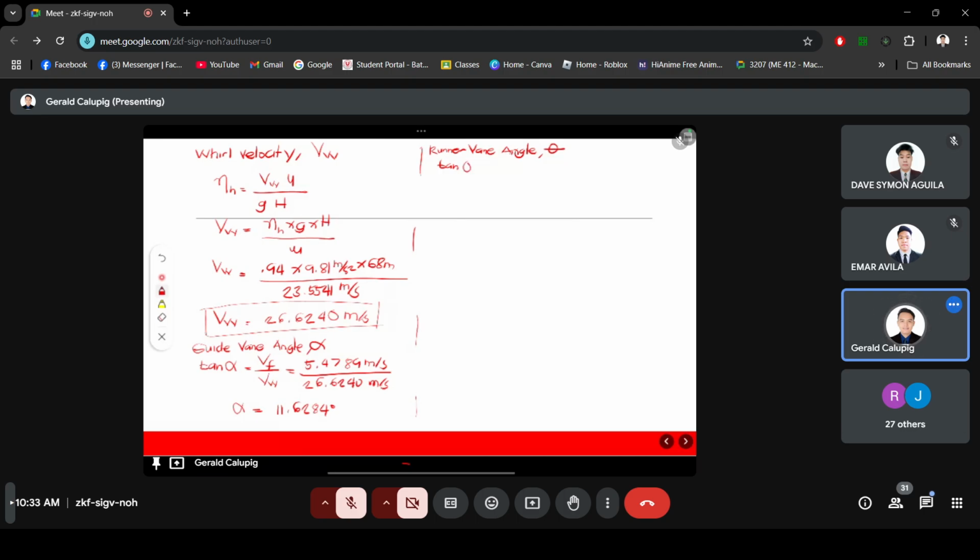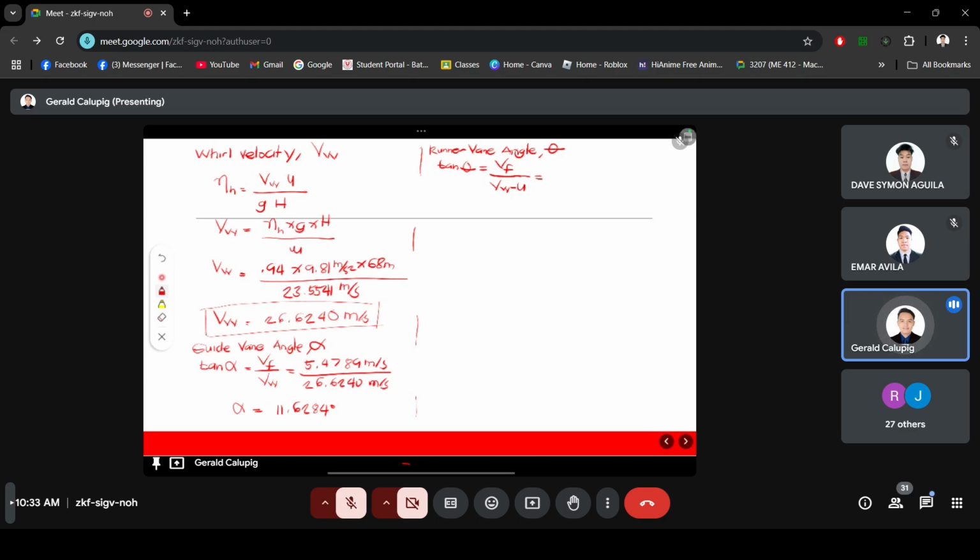tangent theta is equal to the flow velocity over the whirl velocity minus the tangential velocity. This is just a review of your Euler triangle, ha?